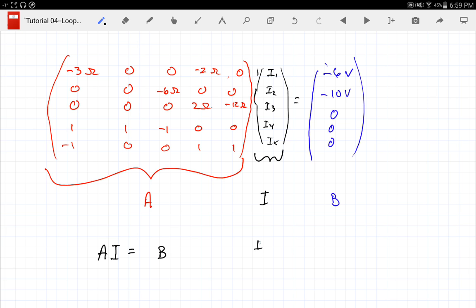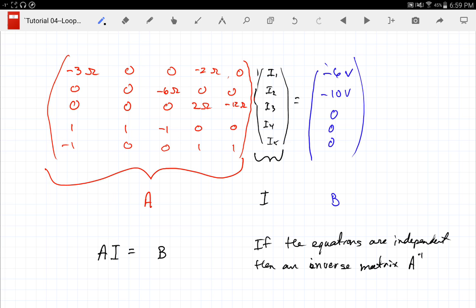If the equations are independent, then an inverse matrix A minus 1 exists.